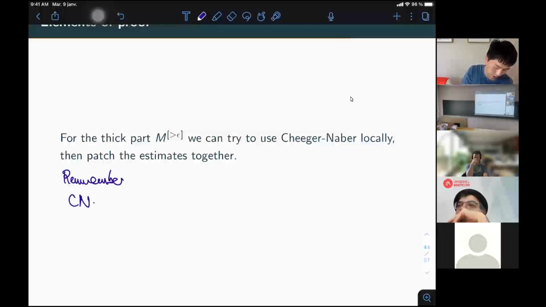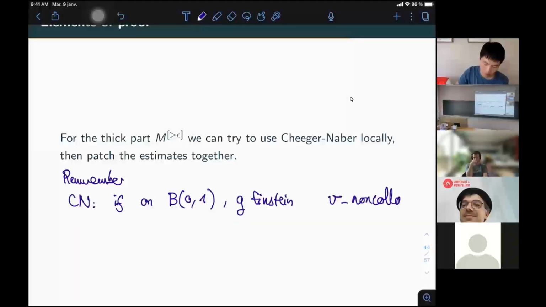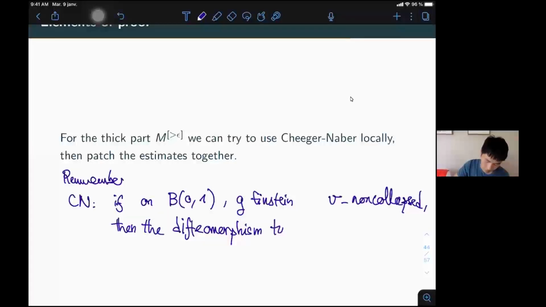Remember what Cheeger-Naber is saying: if the ball is already non-collapsed, then actually the diffeomorphism type of such a thing is finite, at least inside, say, a smaller ball, the ball of half the radius.